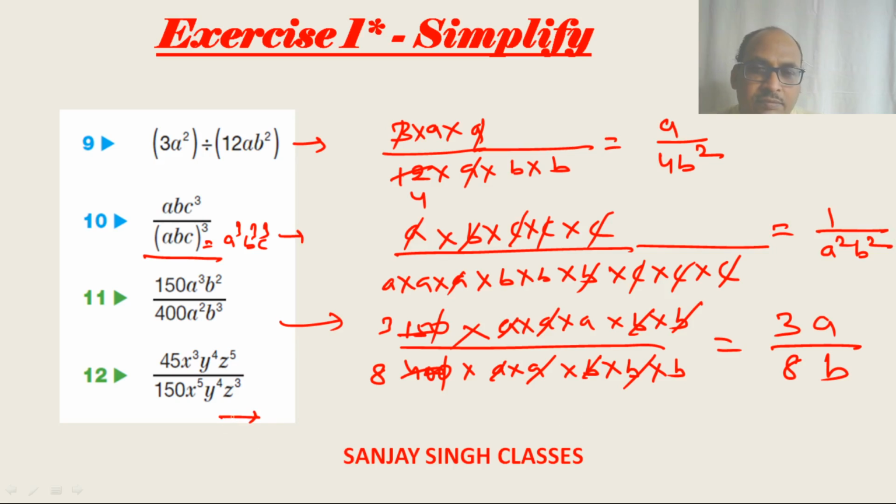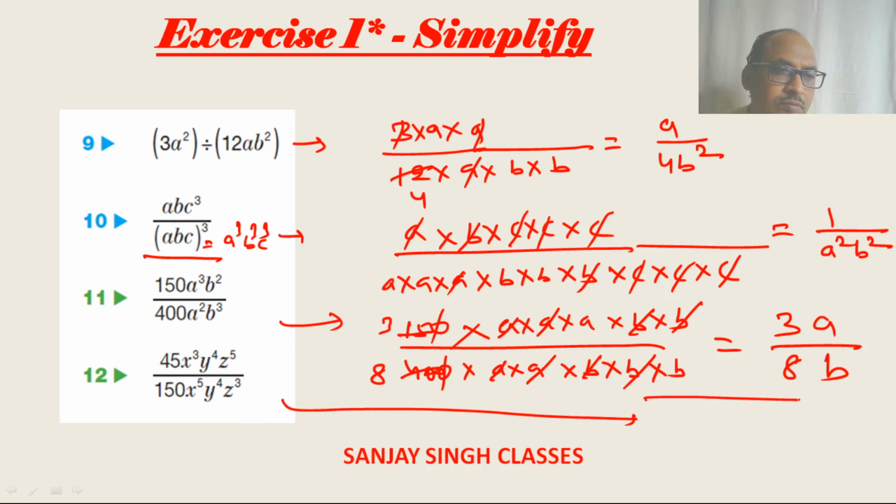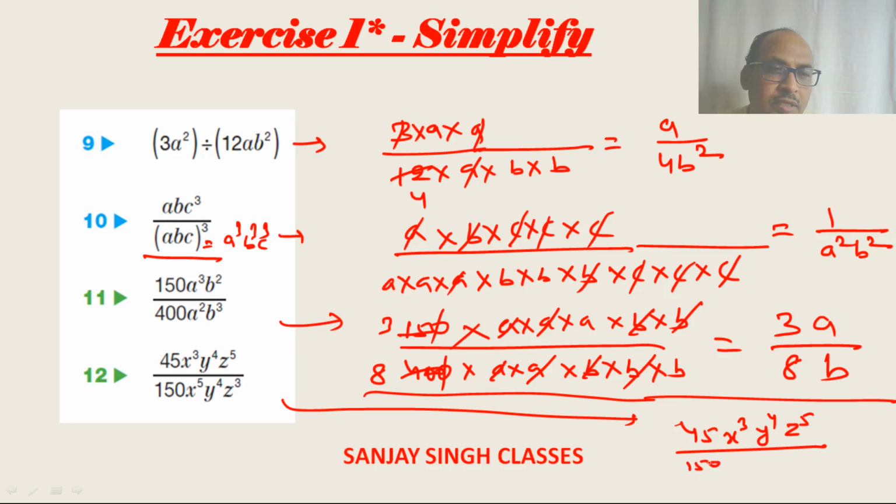Similarly, here I will solve now directly. Better let me solve here. So 45x cube y4 z5 divided by 150 x to the power 5 y to the power 4 z to the power 3.